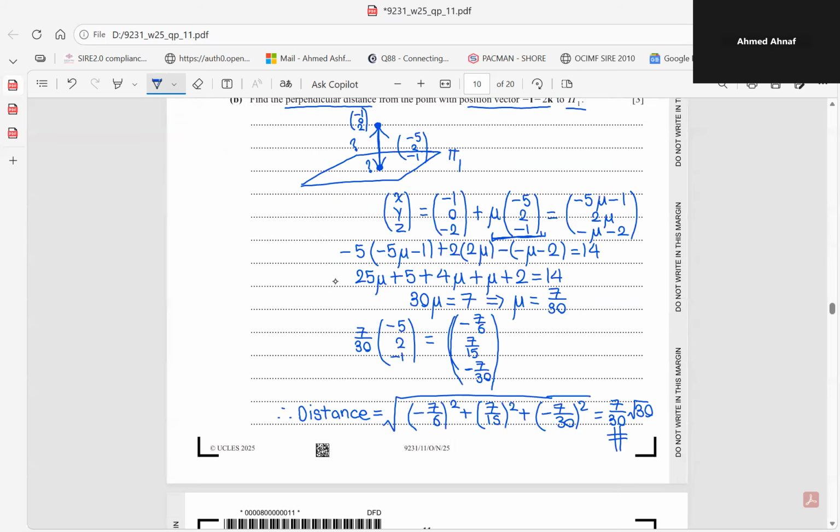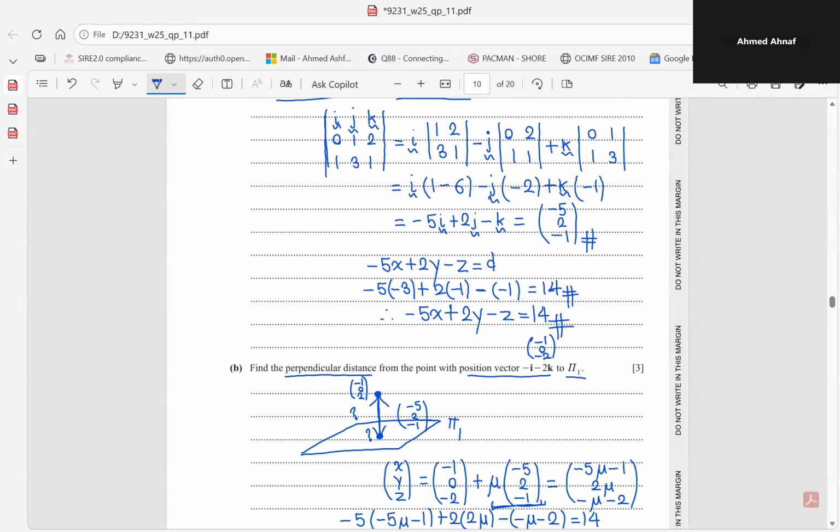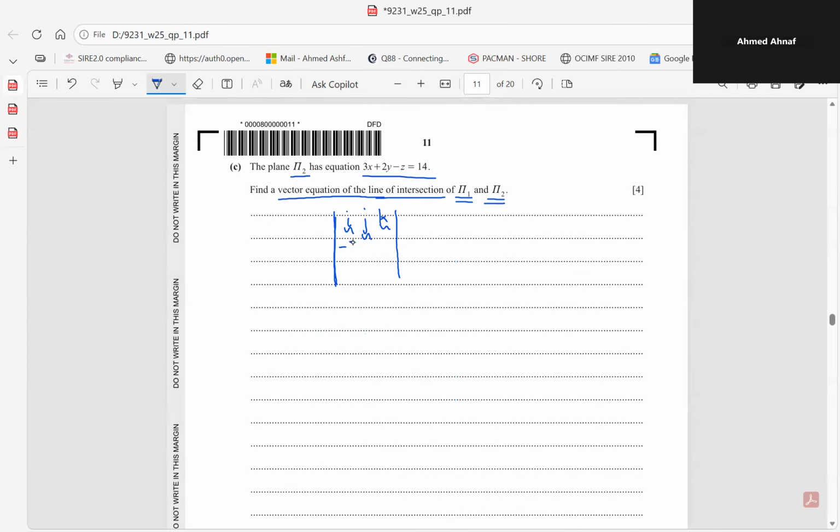So for pi 1, the normal is negative 5, 2, negative 1, and pi 2 is 3, 2, negative 1.